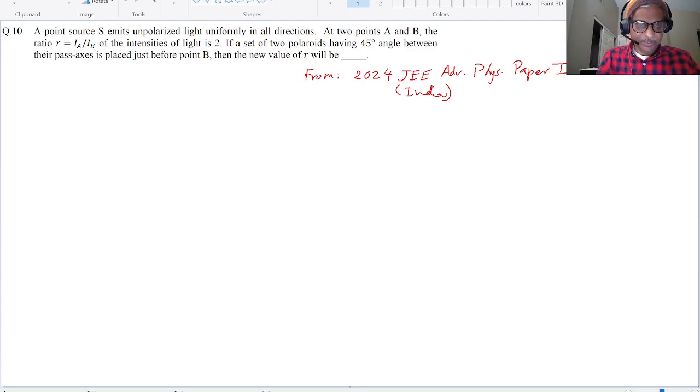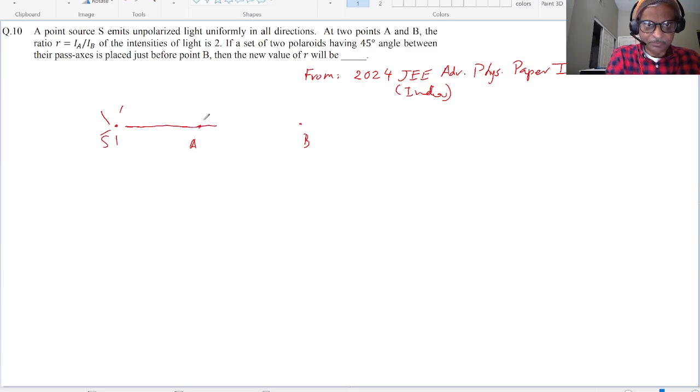This is actually a pretty simple problem, but let's go through it. We have a point source S, and it emits unpolarized light in every direction. There are two points, point A here and point B here.